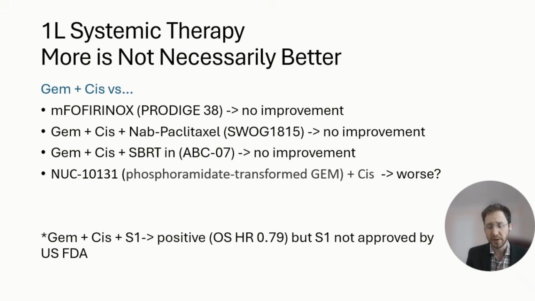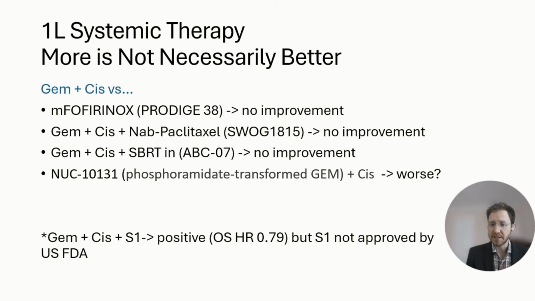this really stayed and still continues to be the mainstay of first-line therapy, and it wasn't without efforts to dethrone it, putting it up against FOLFIRINOX, adding Abraxane, adding SBRT, or subbing out reformulated gemcitabine.